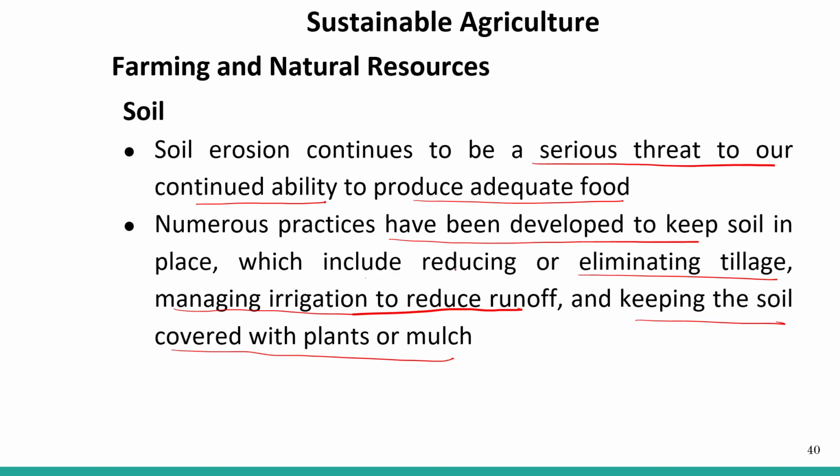If we manage our irrigation practice in a proper way, then we can reduce the runoff and save water. We should not keep our soil open. So if we follow these things, then we can conserve our soil.